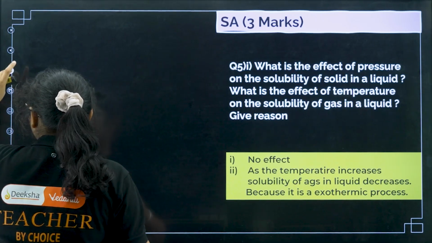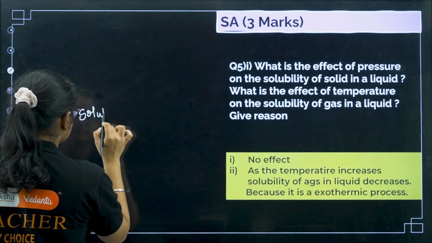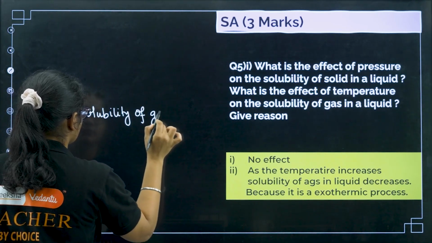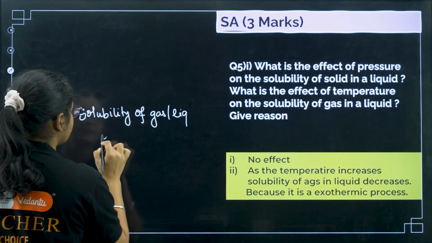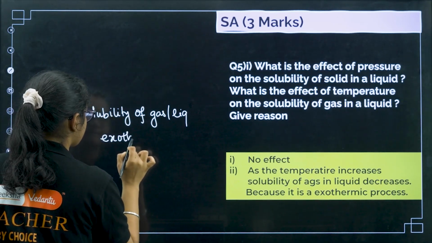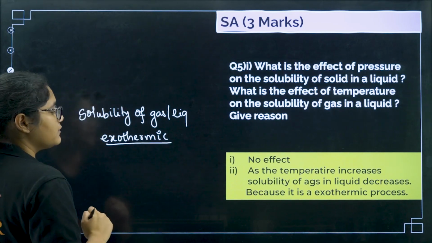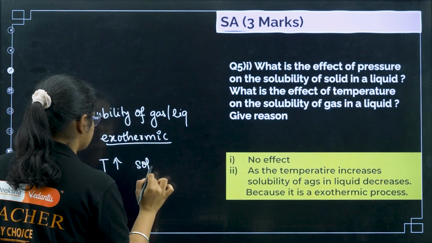So remember, solubility of a gas in a liquid is exothermic, and if it is exothermic, then if temperature increases, solubility decreases.